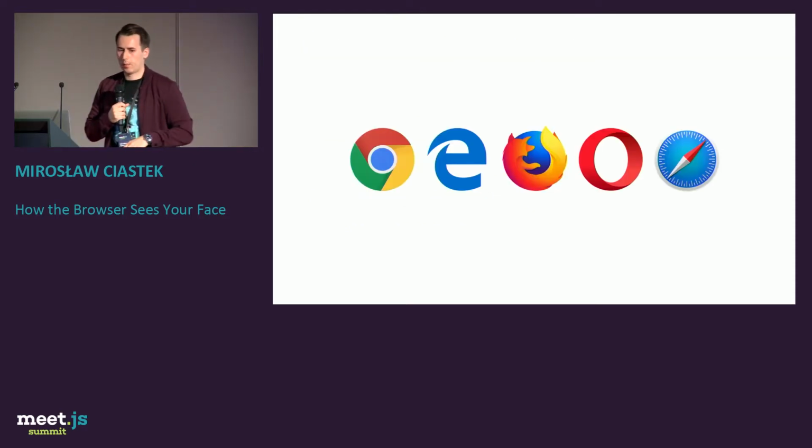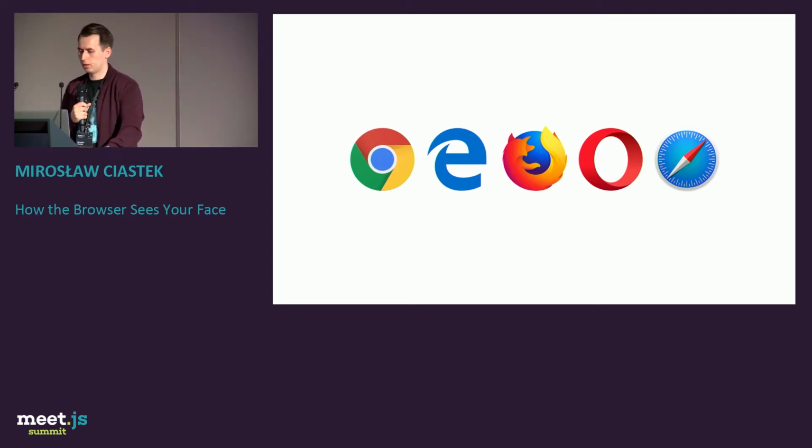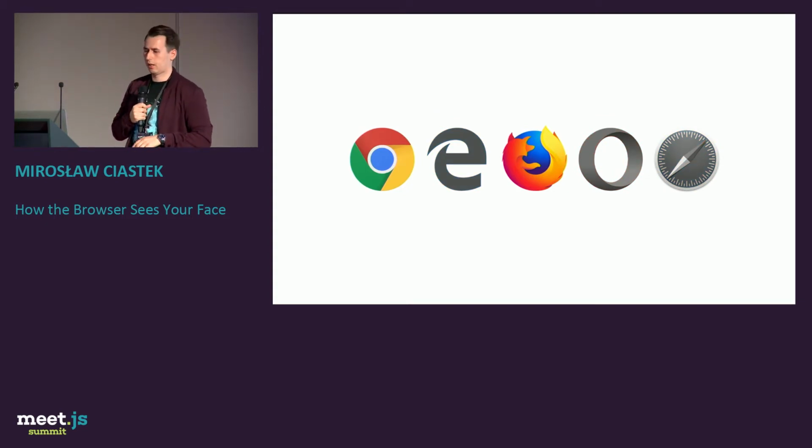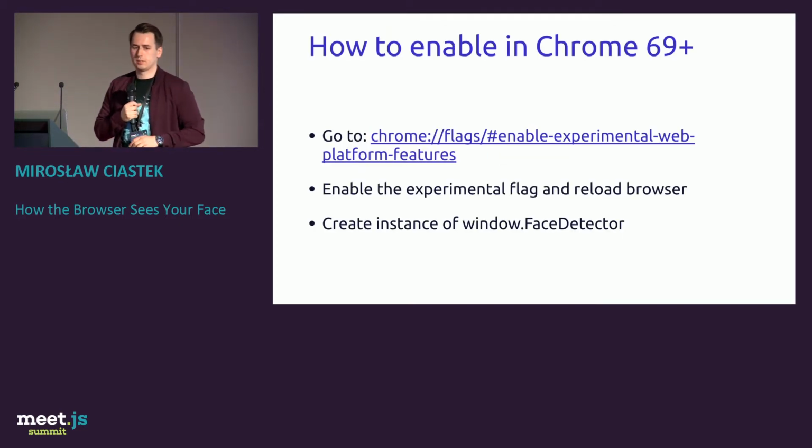I mentioned that this shape detection API is not present in all browsers, only in a minority, and unfortunately it's available only in Chrome and Firefox. And honestly, I tested only in Chrome, because it's still an experimental feature.